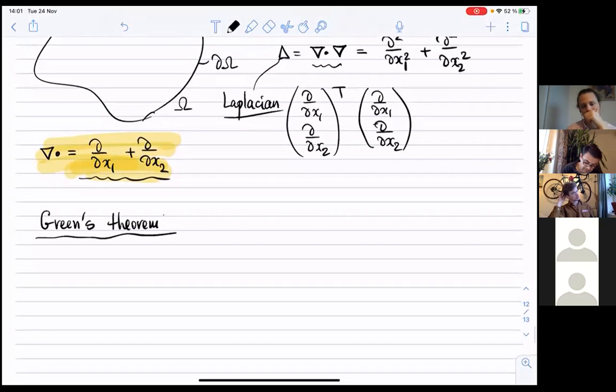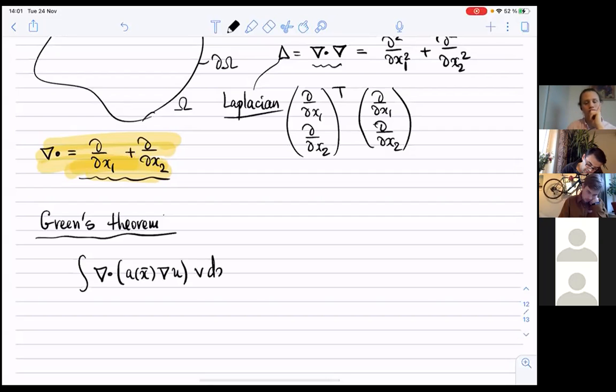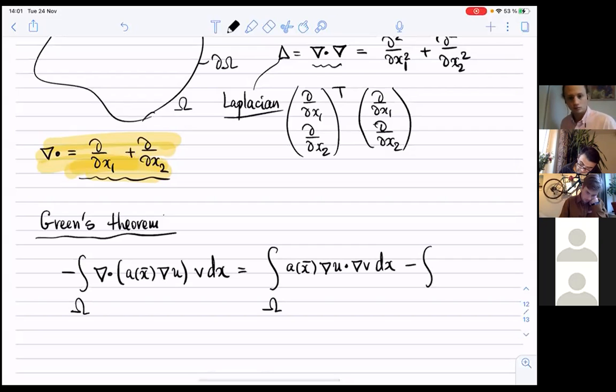It is written that the integral of the divergence of some coefficient, in general, a(x) gradient of u times v dx, with the minus term, is equal to the integral of a(x) grad u dot grad v dx on omega minus the integral of a(x) du/dn v ds on d omega.